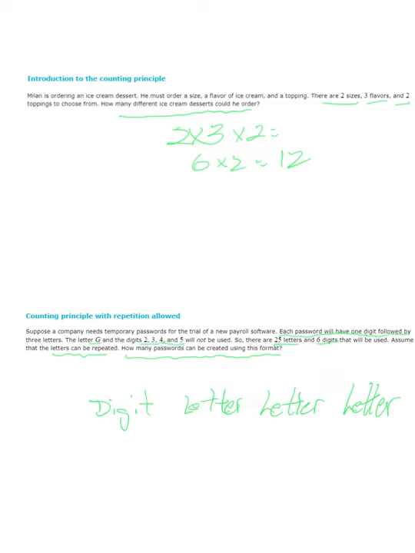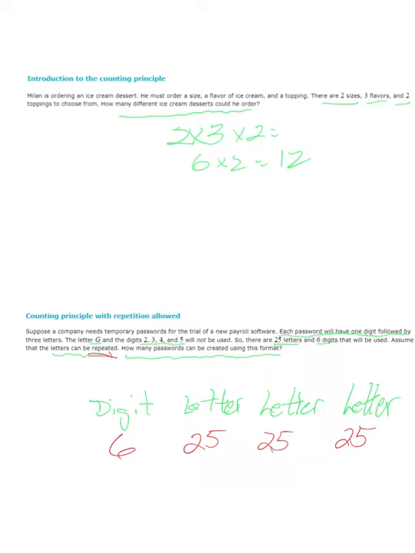There are 6 possibilities for that digit. And then I've got 25 chances for each of the three letters, because it says I could repeat them. I could repeat the same letter.